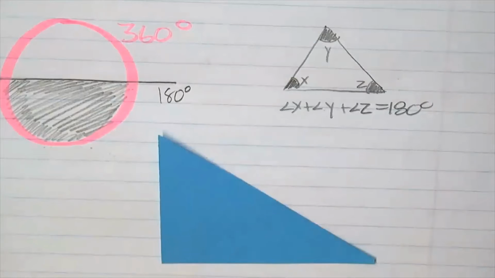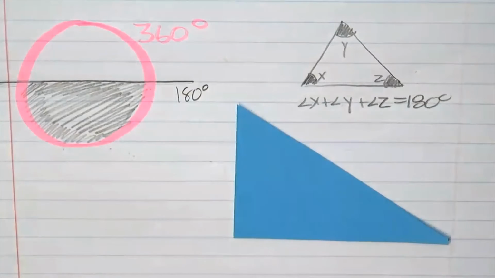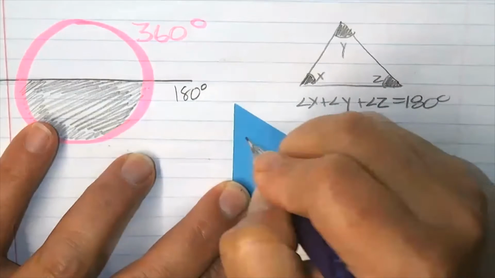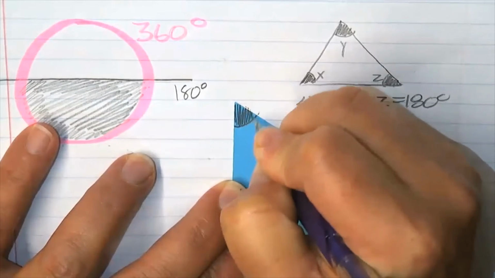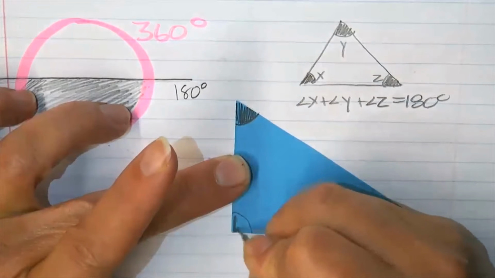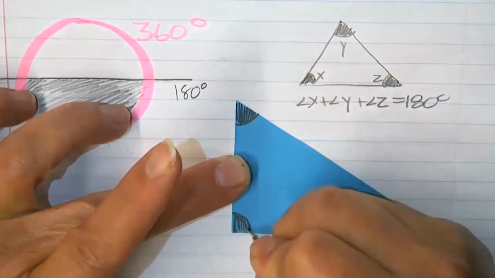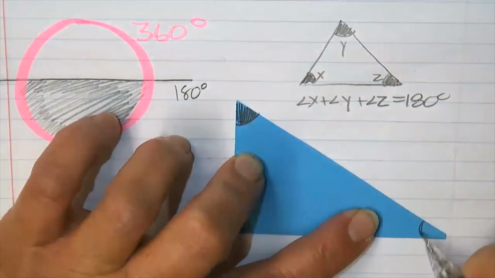So go ahead and cut your triangle. Okay, everybody should have a triangle cut. Now, I want you to mark and color the interior angles.